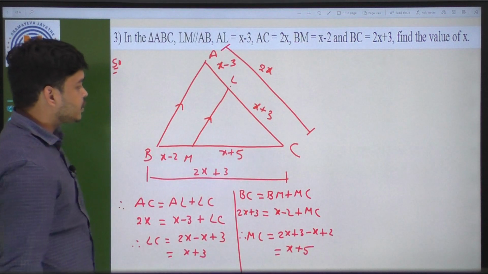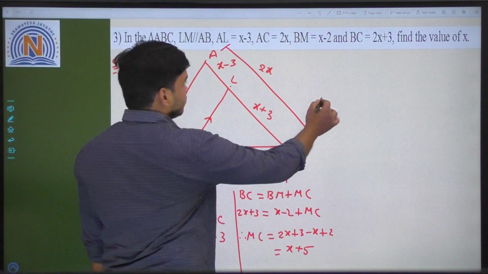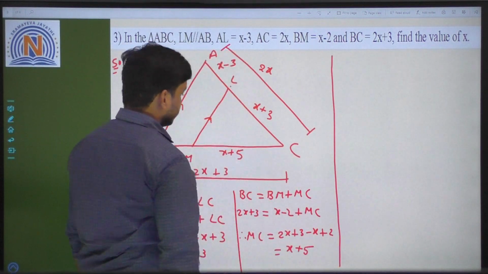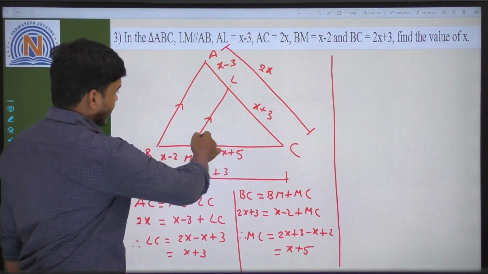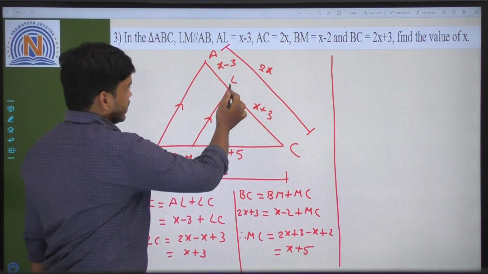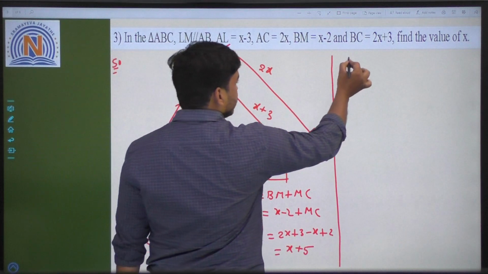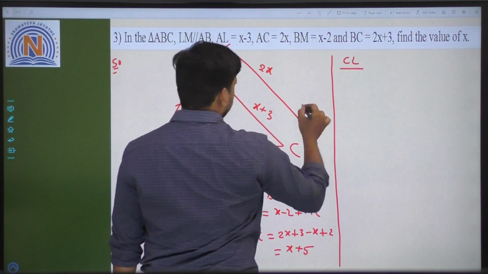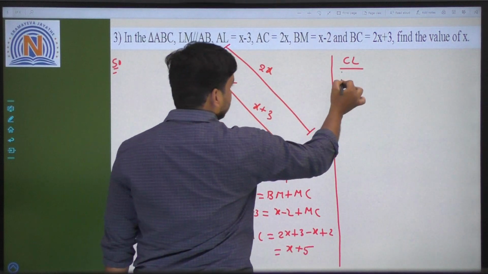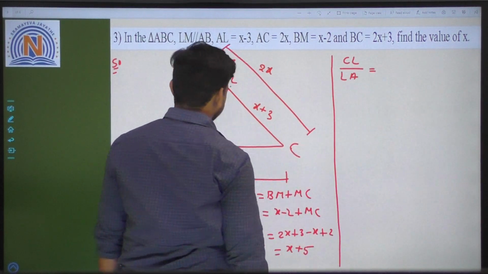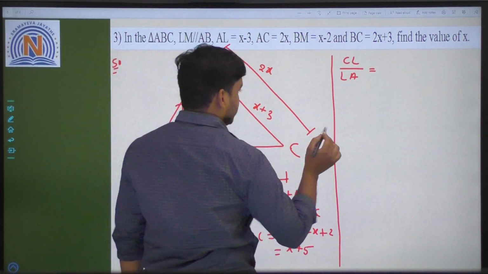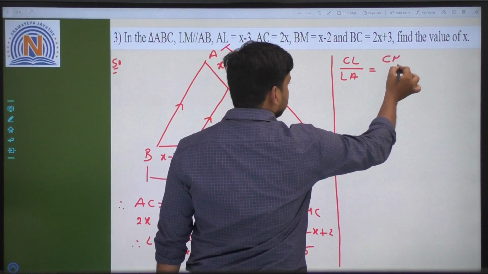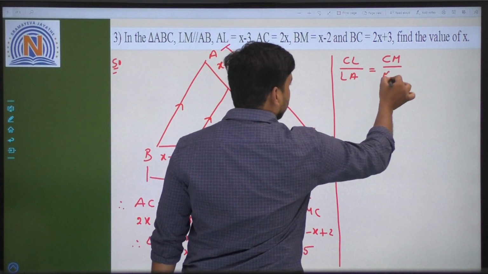By using the basic proportionality theorem, we can write it as: LM is parallel to AC, right? So CL by LA is equal to CM by MB.